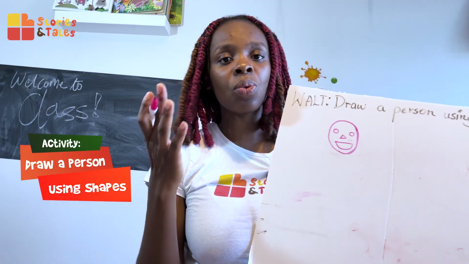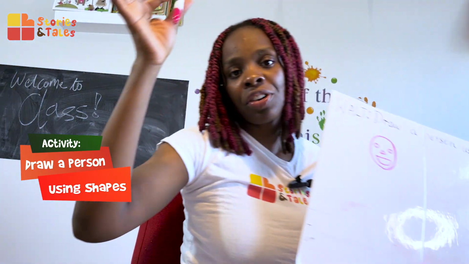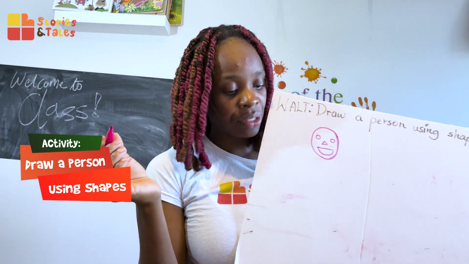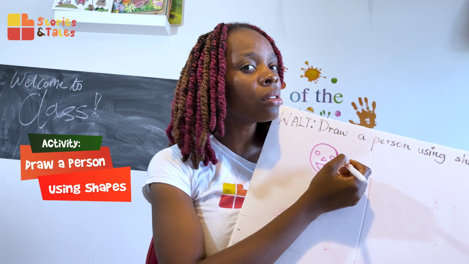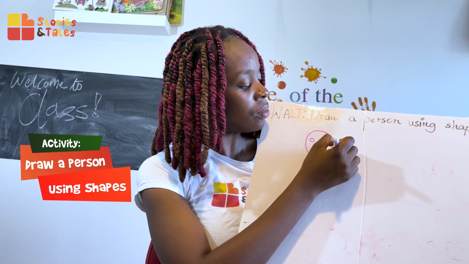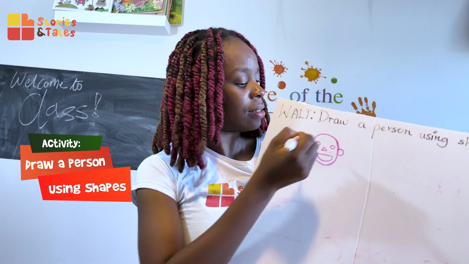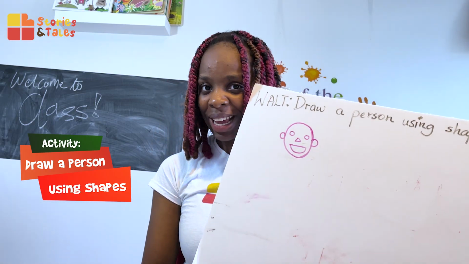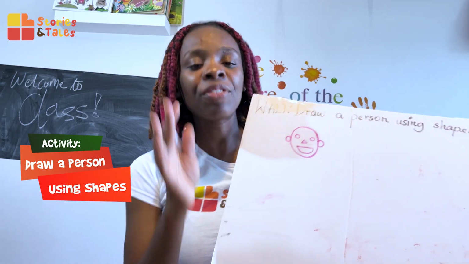Now we're going to go to, shall we draw the ears? Sorry guys. Shall we draw the ears? Ears, I'm going to put circles too. So kind of like this and like this. Are you liking this? Now, if we're drawing a girl, we have to put hair, right?